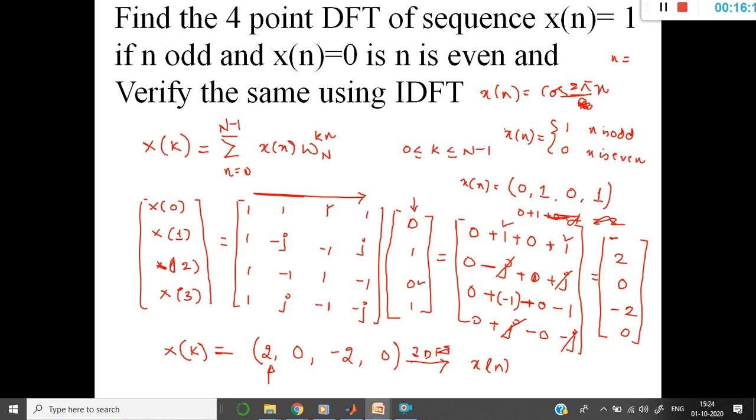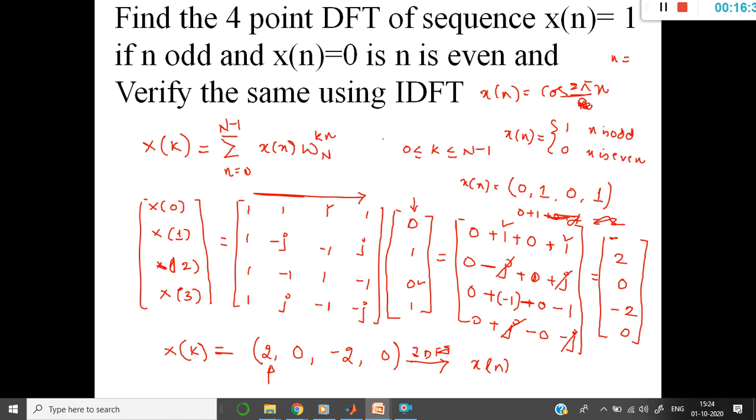So those kinds of values you are going to get. You just go on putting the value of n and find out the value of x of n by obtaining the value of the cosine including the value of n. This is how you are supposed to obtain the x of n values.